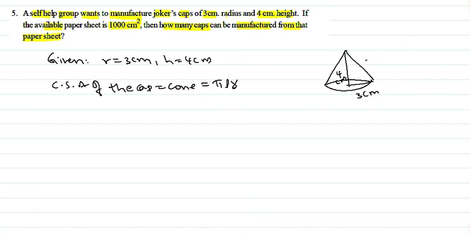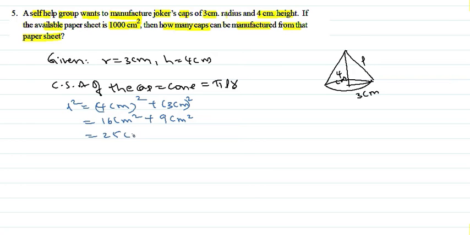But we don't know the slant height here, so by using the Pythagoras theorem we need to find the slant height. So L square is equal to 4 cm square plus 3 cm square, which is equal to 4 4s are 16 cm square, 3 3s are 9 cm square, which is equal to 25 cm square.